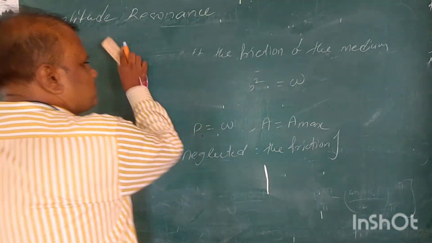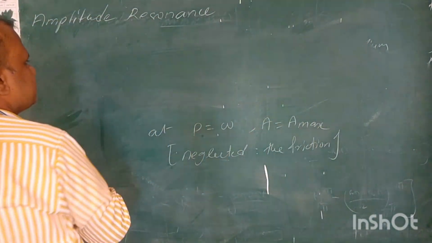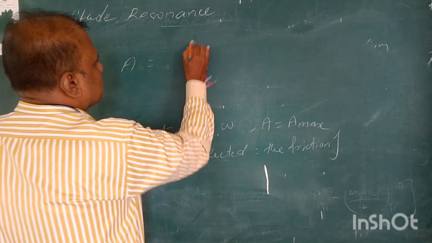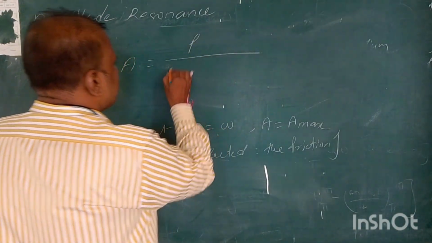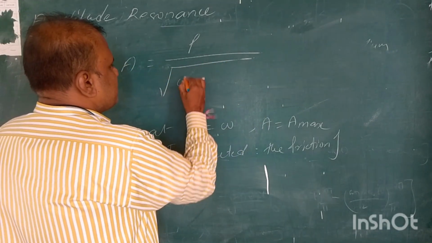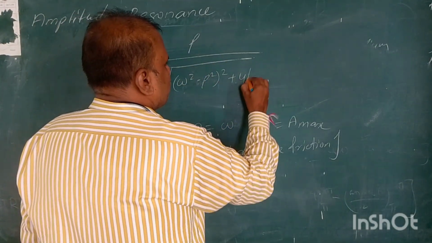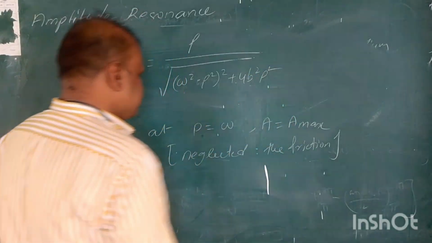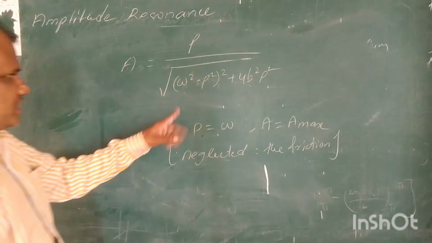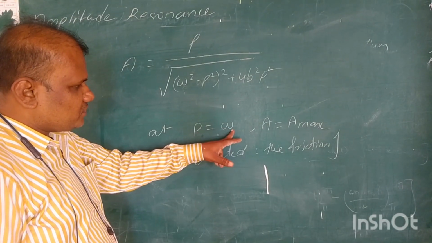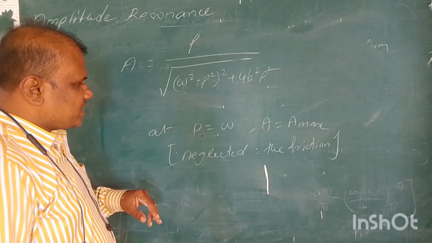So what is the value of this maximum? We are going to write it over here. The amplitude of the damped harmonic oscillator is nothing but f divided by under root of omega square minus p square whole square plus 4b square p square. But when the applied external force angular frequency becomes equal to the natural frequency of the oscillator, the amplitude becomes maximum.